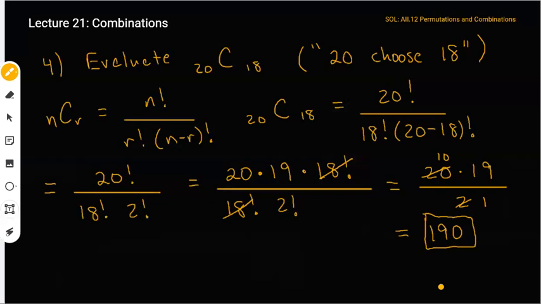Okay, so that is just an example of using the combination formula to solve a question. And now what I want to do is I want to look at the word problems that are at the bottom of the page. So let's look at number 6.